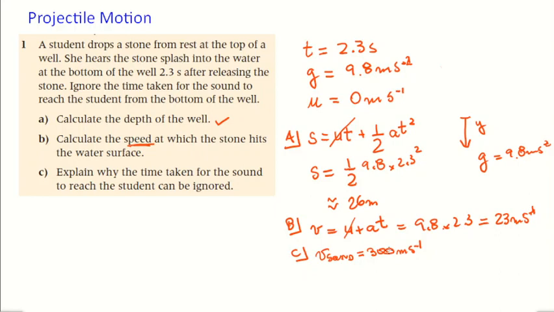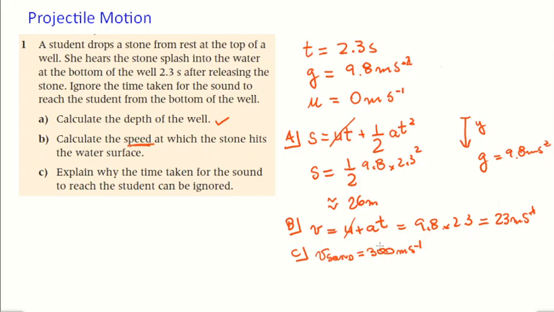So in 2.3 seconds, which is the time that the stone has fallen, the sound's travel time is basically nothing if you compare the speed at which the sound travels, which is much faster than the speed at which the stone is falling, right?